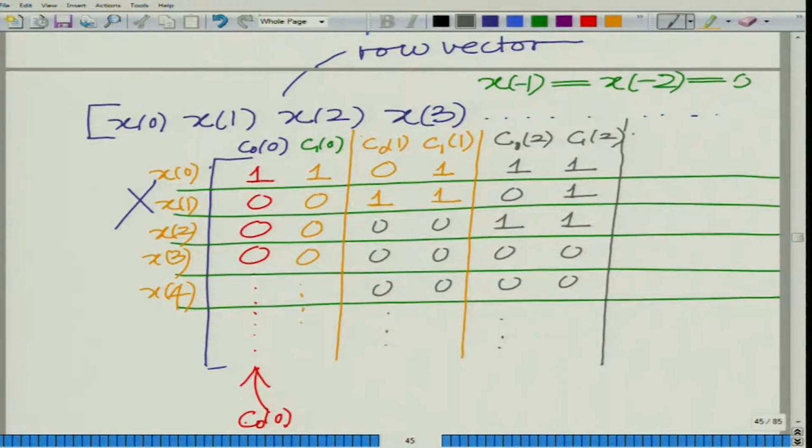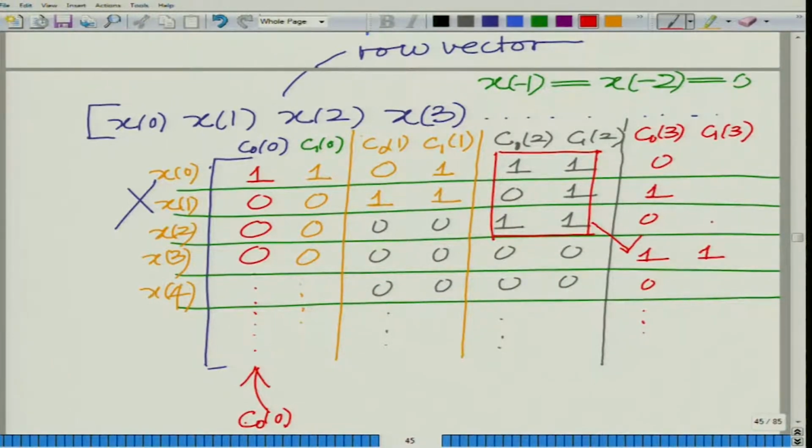And you can see that in every subsequent time instant this block will shift by 1. You can see C0 of 3 and C1 of 3. C0 of 3 is x of 3 into 1, x of 2 into 0, x of 1 into 1, and the rest are 0, and C1 of 3 is x of 3 into 1 plus x of 2 into 1 plus x of 1 into 1, and the rest are 0.